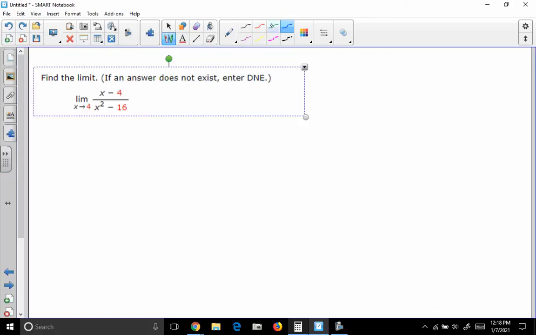Now what about this one? Now this one, if we directly substitute 4 in, we get 4 minus 4 on top, which is 0. 4 squared is 16, minus 16, which is 0 on bottom, and that's indeterminate. So what does that mean?